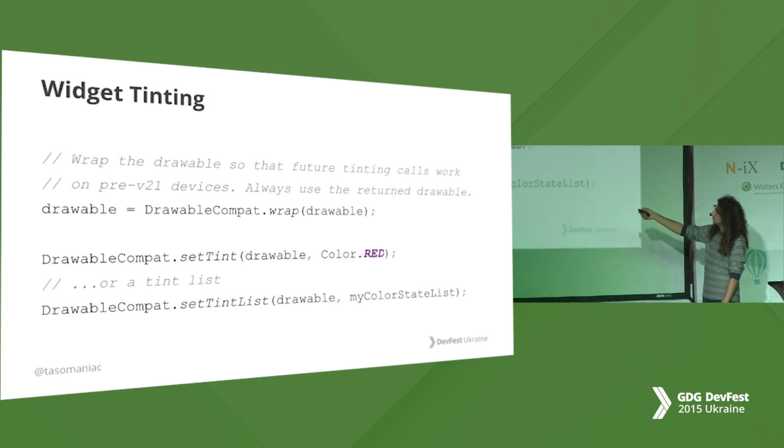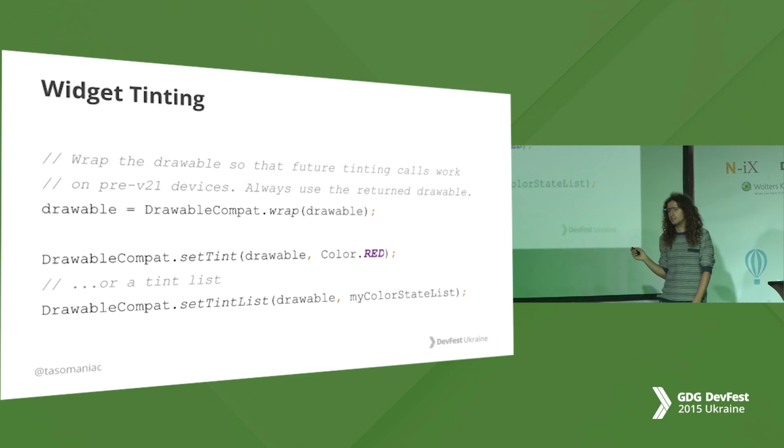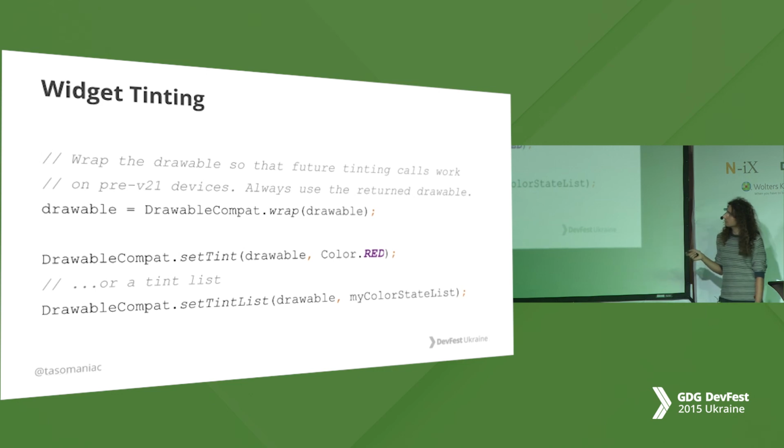You can just wrap your drawable and apply a tint color. The one downside is that it has to be done programmatically. You cannot just apply this within XML. This is one of the downsides, but yeah.